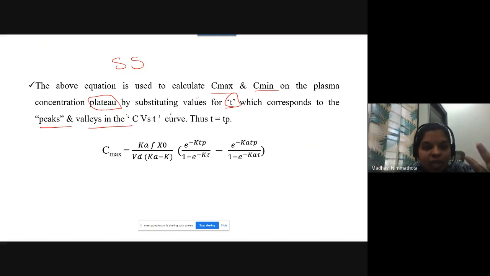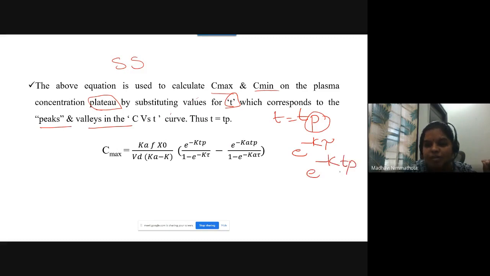So when you take into consideration these peaks and valleys at the steady state, your t will become tp. tp is nothing but, p stands for peak time, t stands for time. So instead of writing e to the power of minus k t, you can write e to the power of minus k into tp.